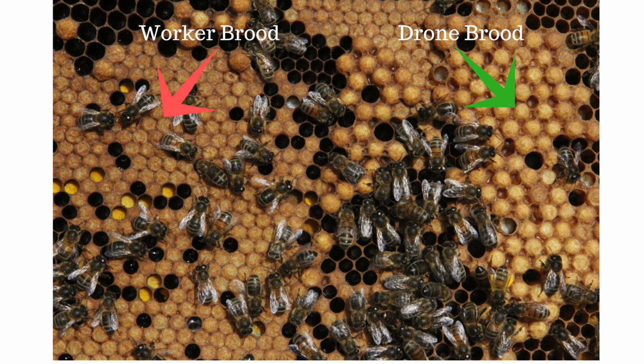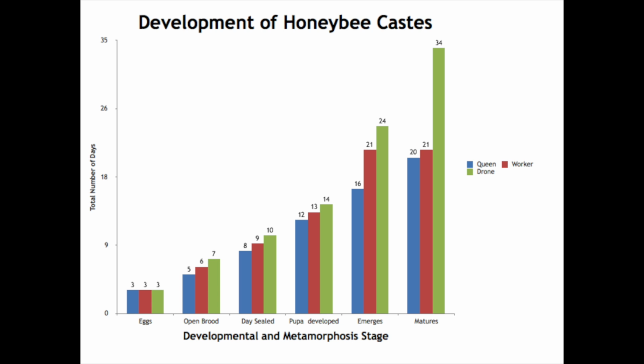If you recall back to one of the earlier videos, if we take a look at the chart again, you'll see that the workers are sealed on day 9 and the drones are sealed on day 10, but then they maintain their development in a sealed cell for a further period of time, and it's the drones that have the longer time in the cells.